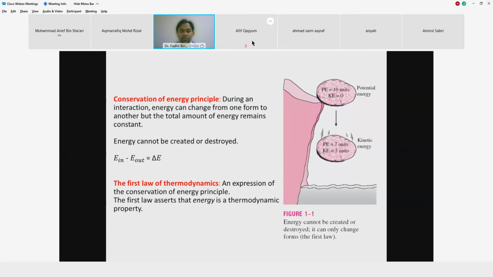So E asal, the total energy at the initial state, keadaan asal, is 10 units, right? Because PE is 10 units, KE 0. So 10 units minus E out, E yang kedua, 7 units plus 3 units, still 10 units, right? So 10 minus 10 equals 0. So delta E equals 0.